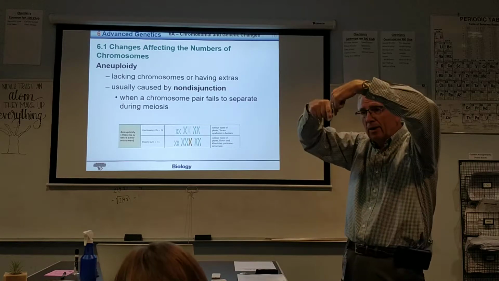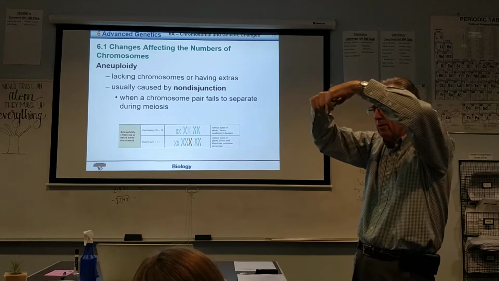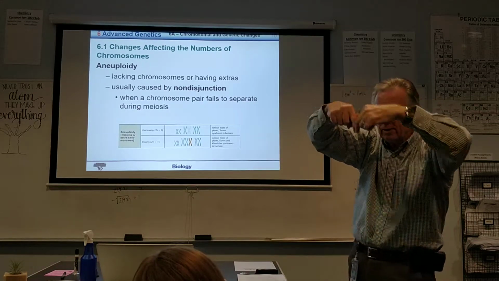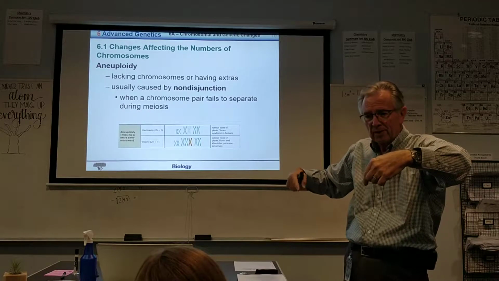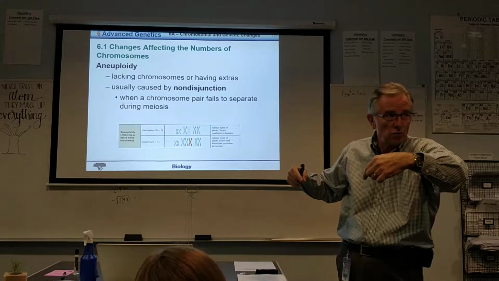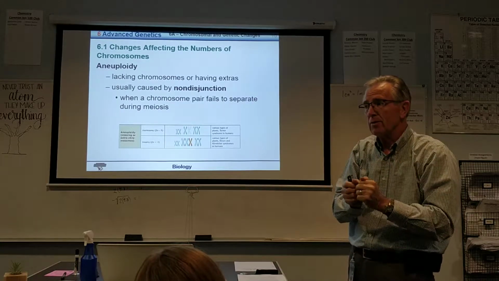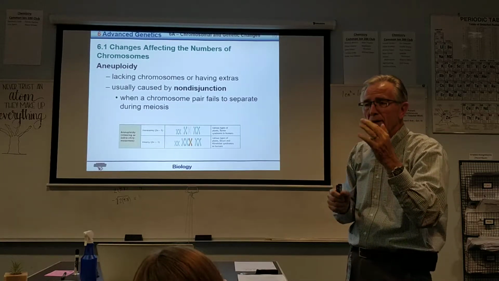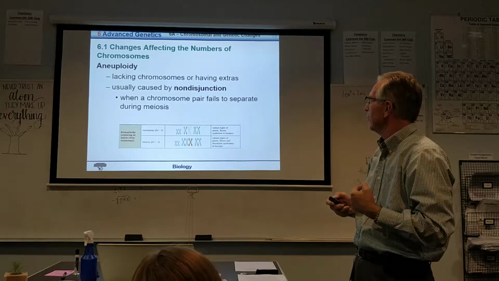Follow that? So when they normally separate, two of them are going the same way instead of going opposite ways. Two are going this way, and there's nothing going over here. So this sex cell over here is going to be short a chromosome. This one over here is going to have an extra chromosome, not of every chromosome in the set, but just of that chromosome pair.